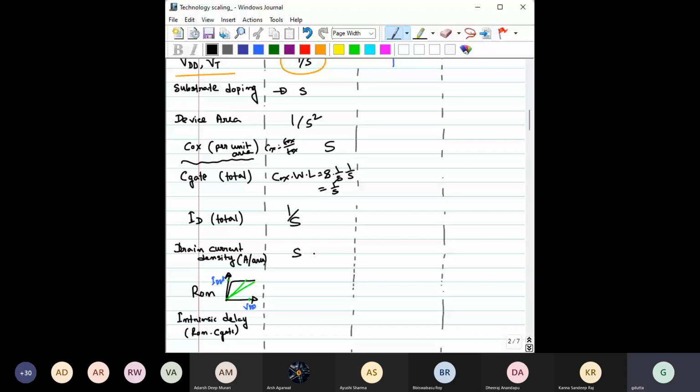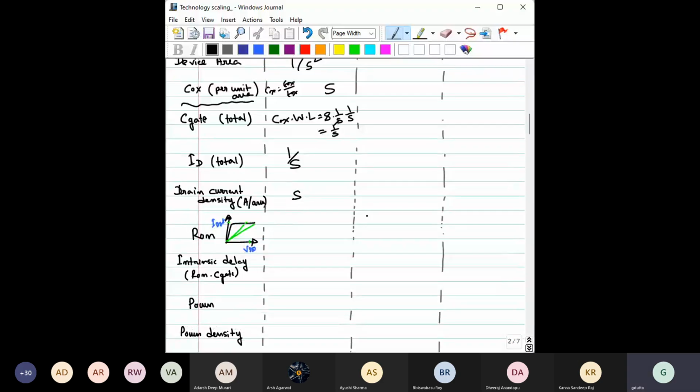What will happen to the on resistance? You remember, device on resistance. We have done a simple calculation for how we find the on resistance of PMOS or NMOS: the average resistance between this point and this point, which depends on this ID sat and this VDD, right?